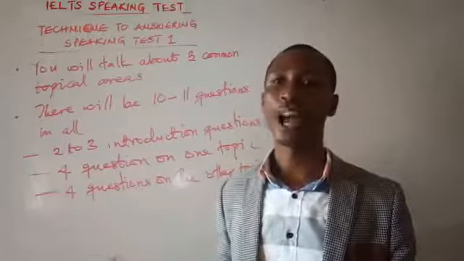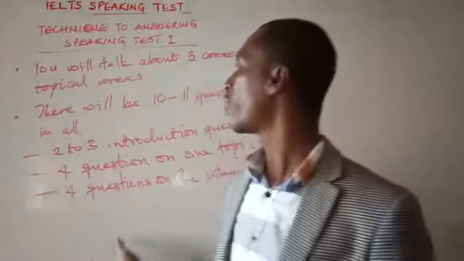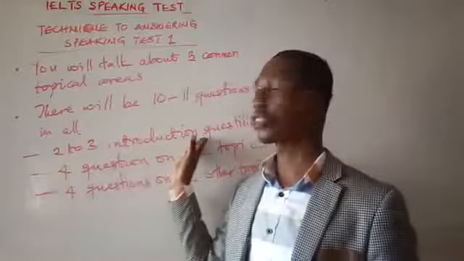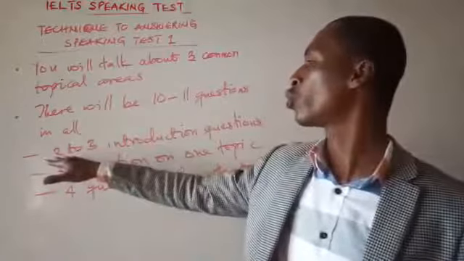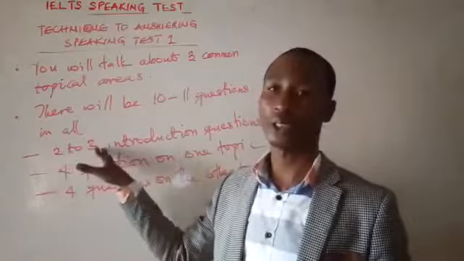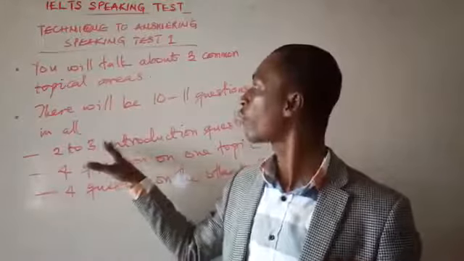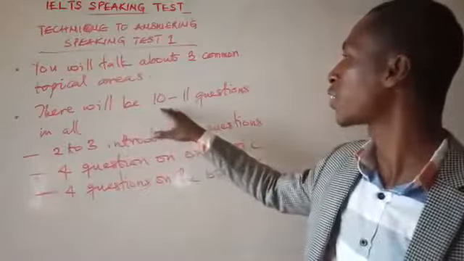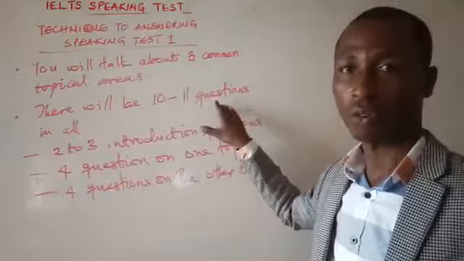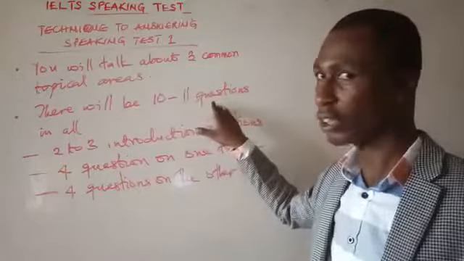Now, if the 3 have been chosen, how does it go? First, the first part is the introduction. In the introduction you are going to have 2 to 3 questions. I've told you that we are going to answer as many as 10 to 11 questions in all, in general.